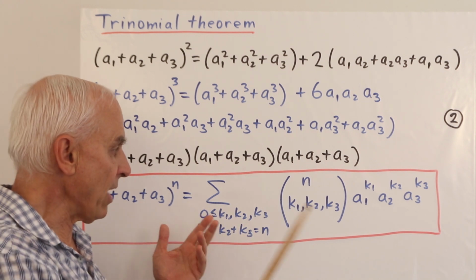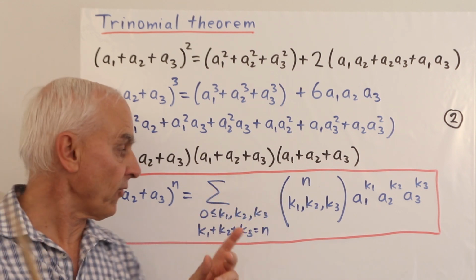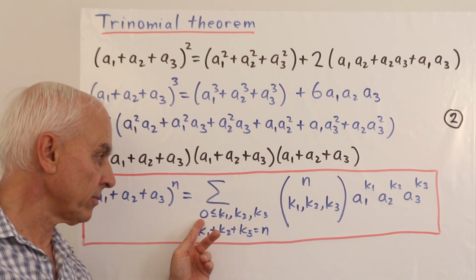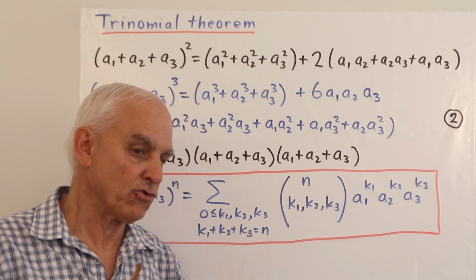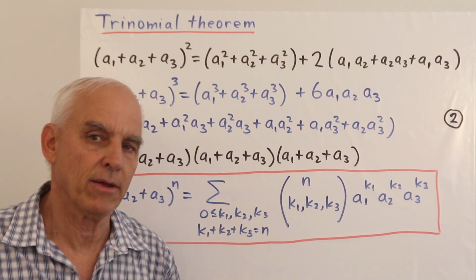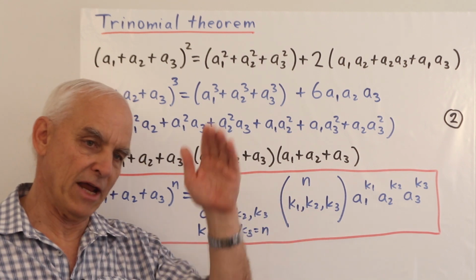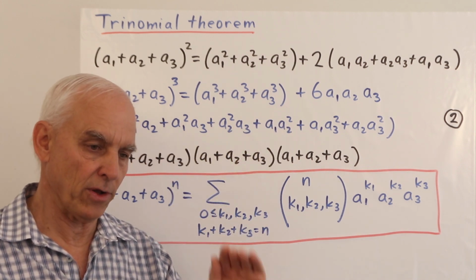And otherwise, k1 and k2 and k3 are allowed to be arbitrary natural numbers, so starting with 0. And the coefficient is a trinomial coefficient.